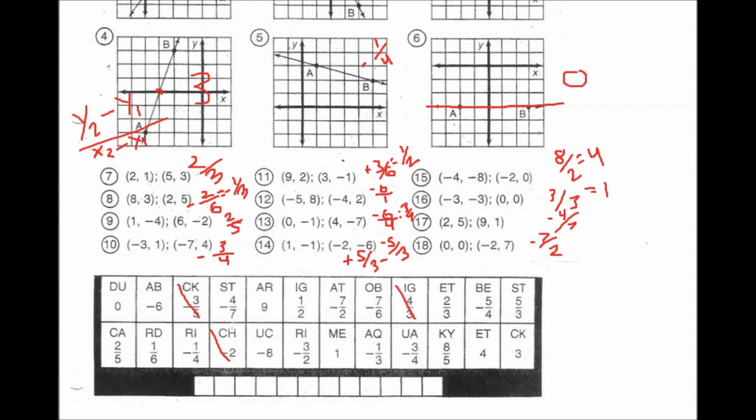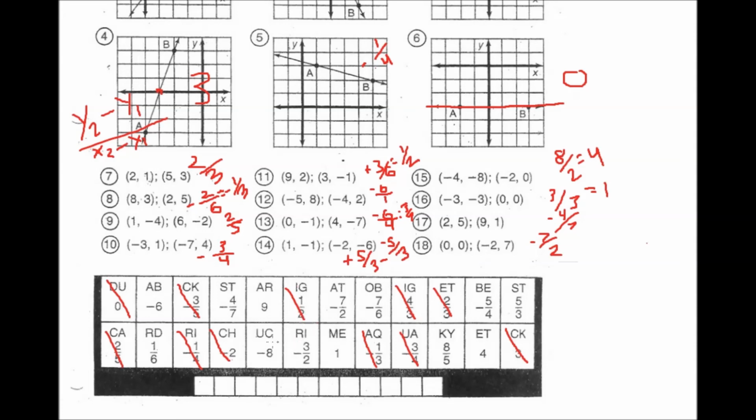We've got 3 here. Negative 1/4. We've got 0. 2/3. Negative 1/3. 2/5. Negative 3/4. 1/2.